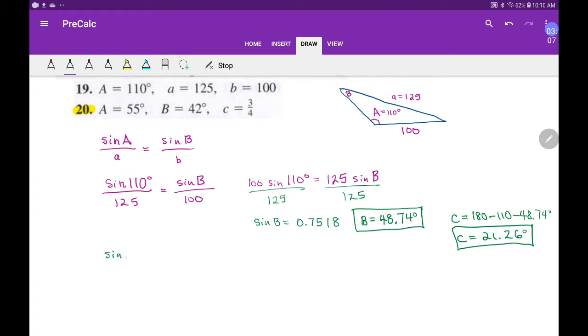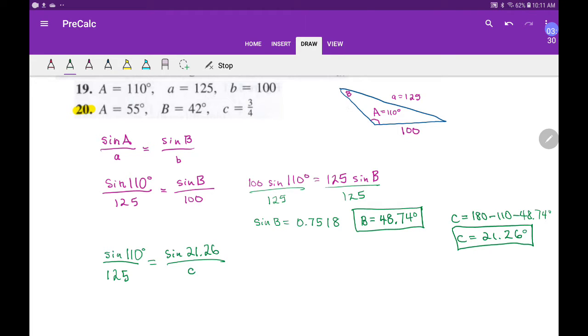Okay, and so if I know the angle C, then I can go back to sine A. The sine of 110 degrees over 125 is equal to the sine of 21.26 over C, and C being right here. I suppose I could have flipped it this time, but it's okay.